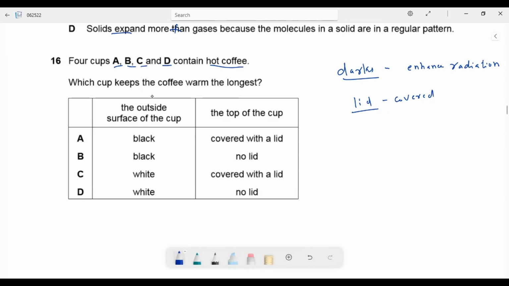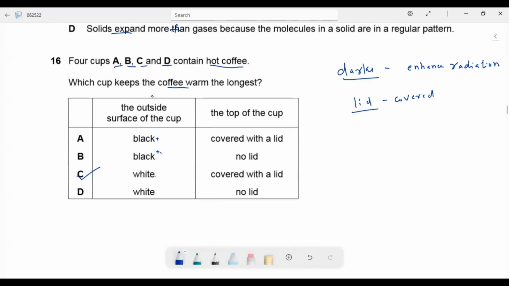So here two colors are there, black and white. As dark colors, black enhance radiation, this is not being used, and white color can be used. And if it is covered with a lid, it will keep the coffee warm the longest. So C is the right answer.